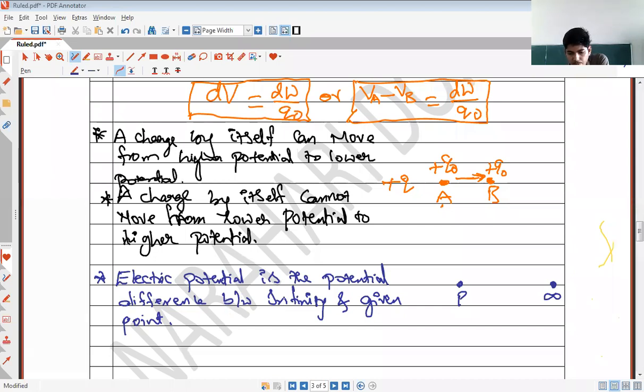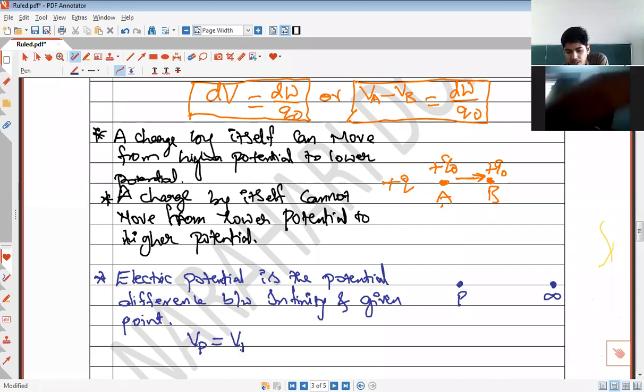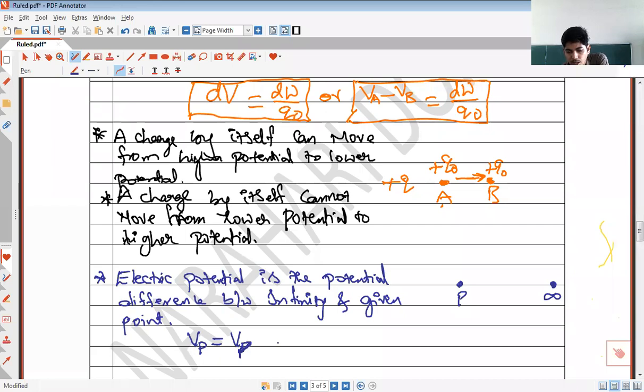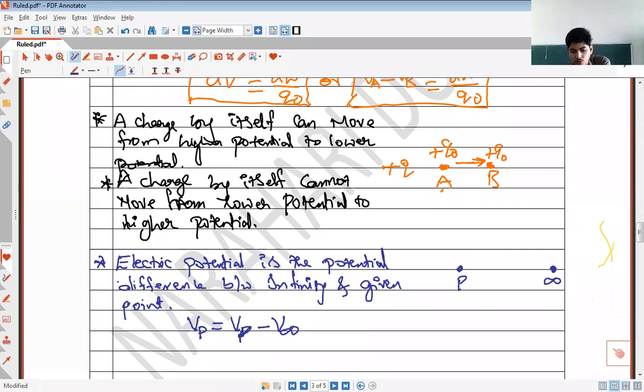So I can write the electric potential at P as the potential difference between point P and infinity. I can write Vp as the potential at P minus the potential at infinity.